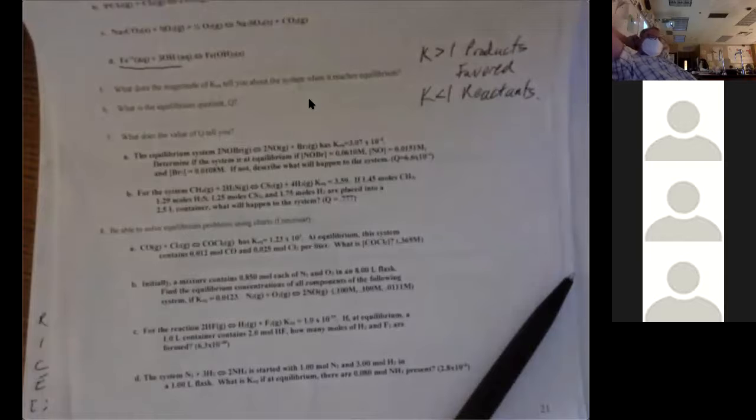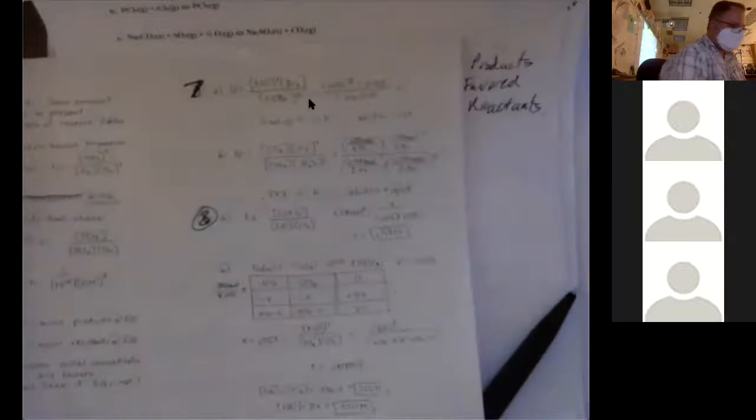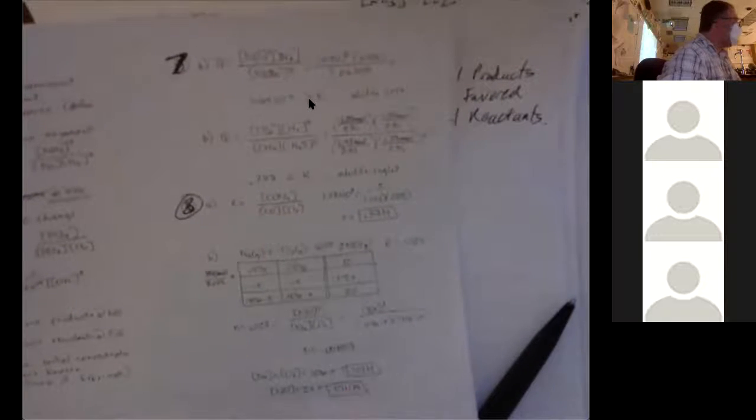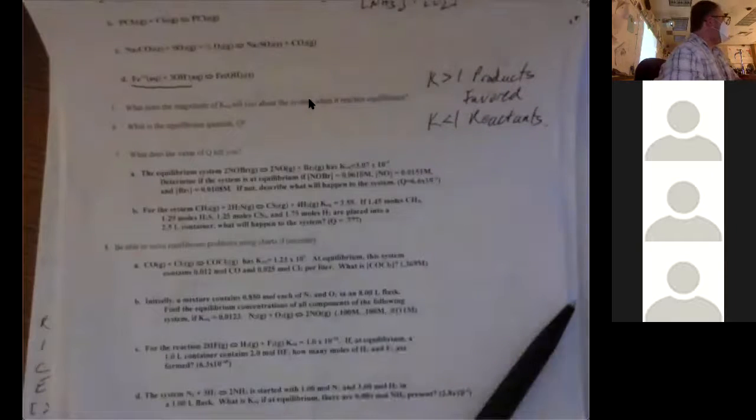All right, 7 or 8. Any questions there? They have a lot of parts. And again, this is the 7 and this is the 8 on the answer guide. I will scan this in and put this as the answer to the review.